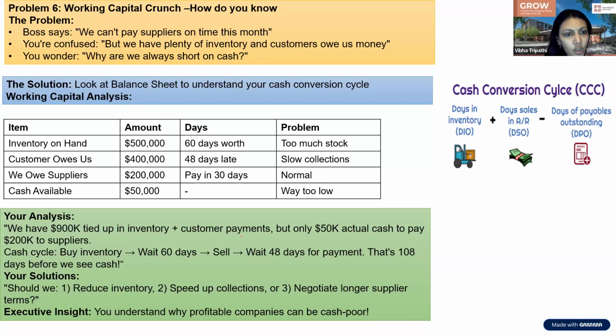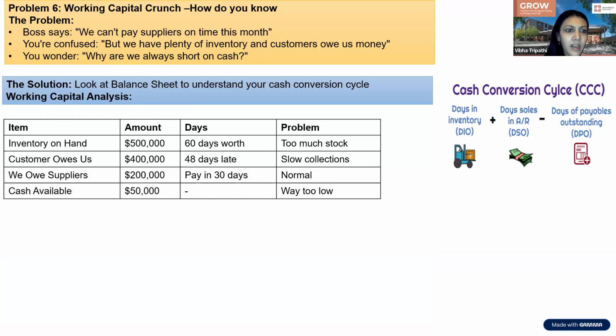So quickly, this is a company which says that we have 5 lakh worth inventory, but our inventory cycle is 60 days. What does this mean? You are not able to sell your inventory for 60 days. Okay. Against this, you have made a sales of 4 lakh, but these customers, you have given them a time period of 48 days.